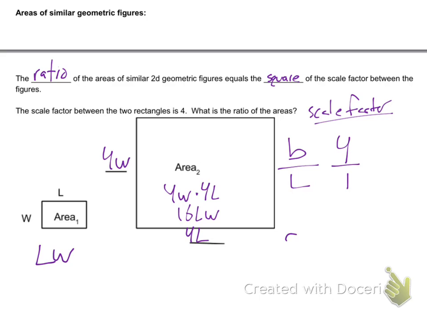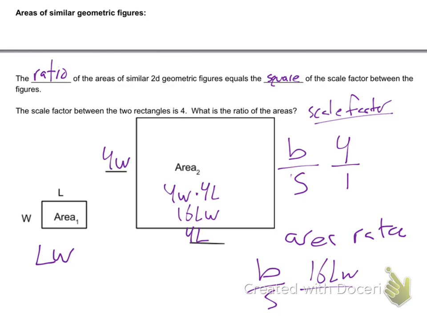What happens to the area ratio of big to small? Actually, I should have put small in there. How did I get an L? Nobody caught it. Big to small. If I do just the areas, what's the area of the big one again? 16 LW. What's the area of the small one?